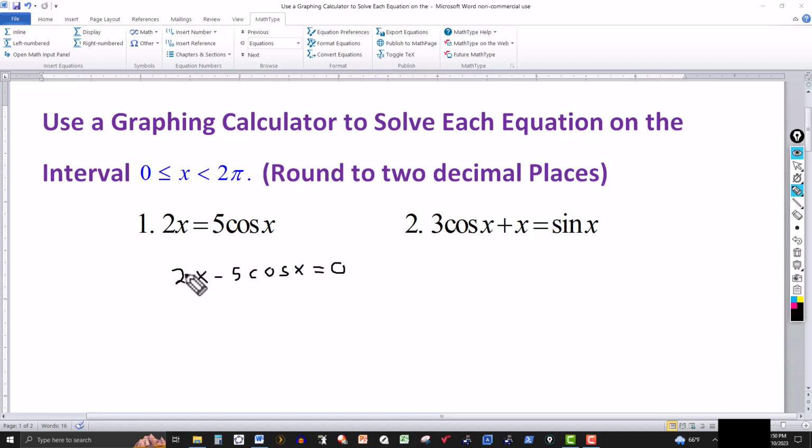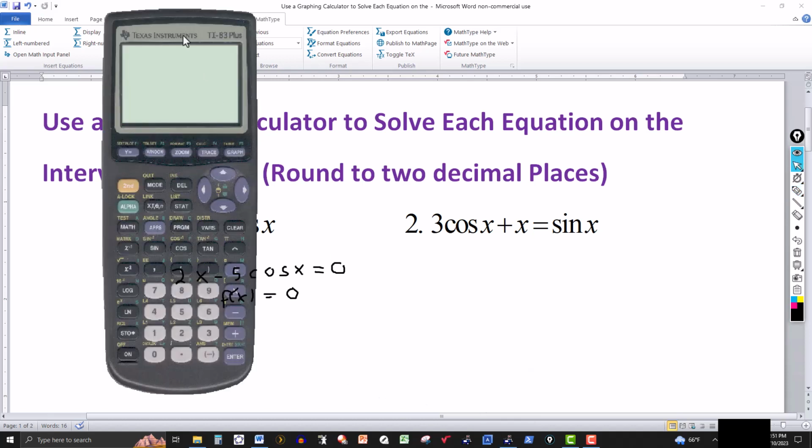Bring this over, and then we can just call this right here on the left side f of x. We want to know when f of x is equal to 0. Well, all we have to do then is graph that expression and find the zeros, if any, and that would be your solution.